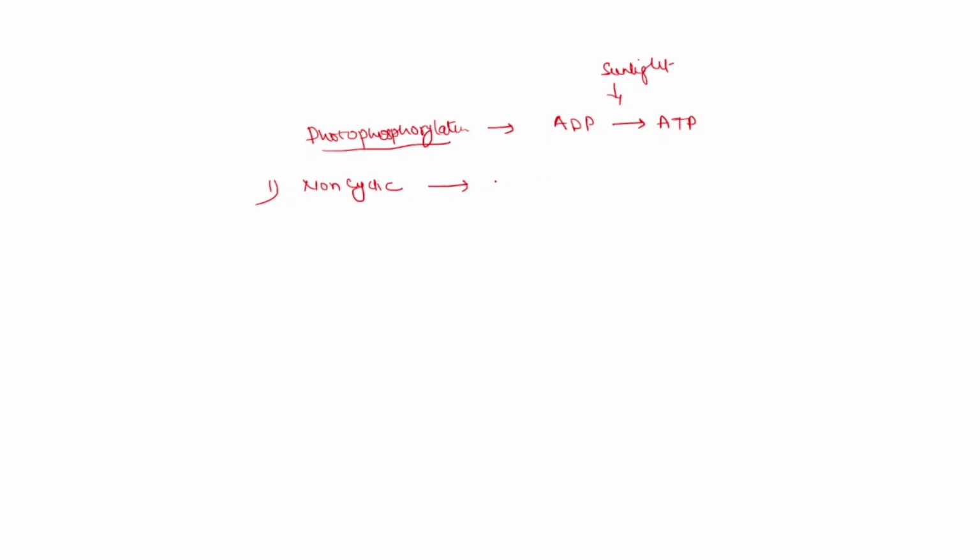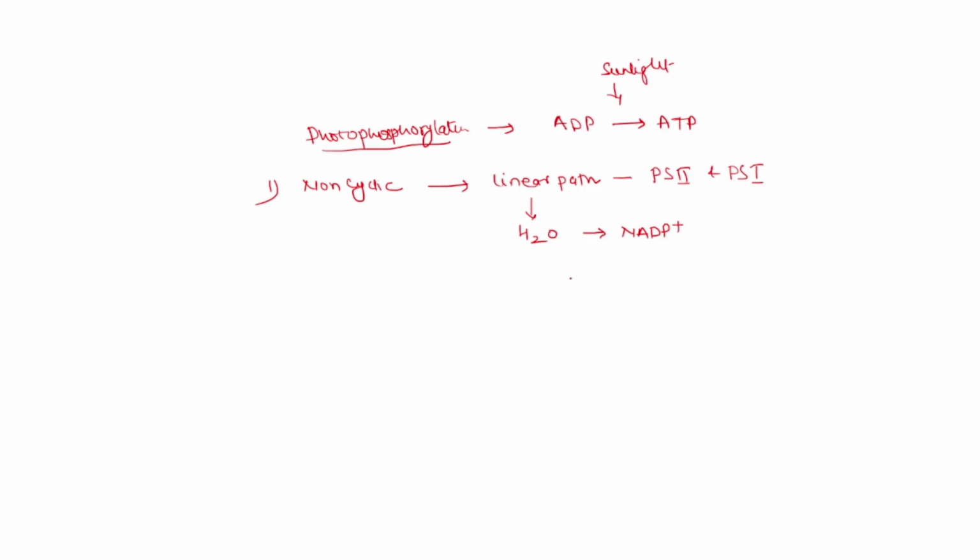Non-cyclic follows the linear path involving both PS2 and PS1. Secondly, this linear path starts from water and ends into NADP+.